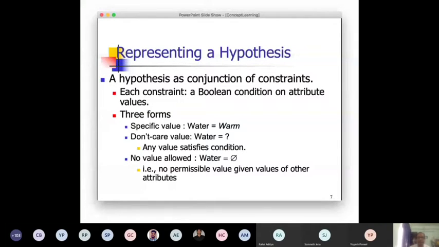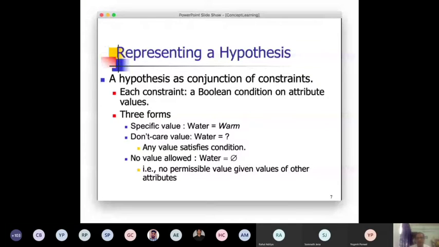No value allowed. So that means it is a negation condition. Which means in your case that if that attribute exists in your space, the whole target concept will always be false. Now this is a very hard constraint. That means it is null, and either you should exclude that attribute from the space used to express the Boolean function, or if you include it, your target function will always be null.